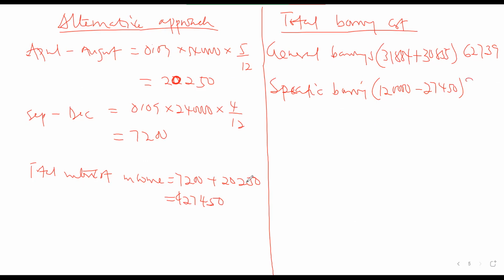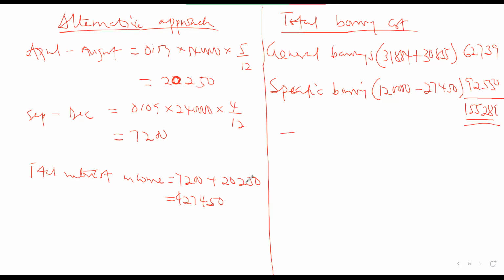I'm having 92,550. So what will be the total? 155,289. Okay. So this is the total borrowing cost to be capitalized.